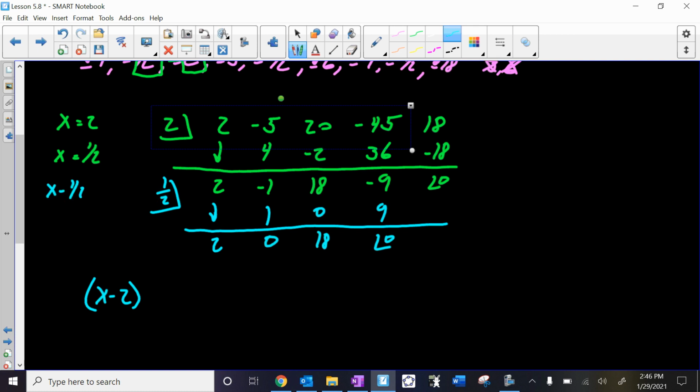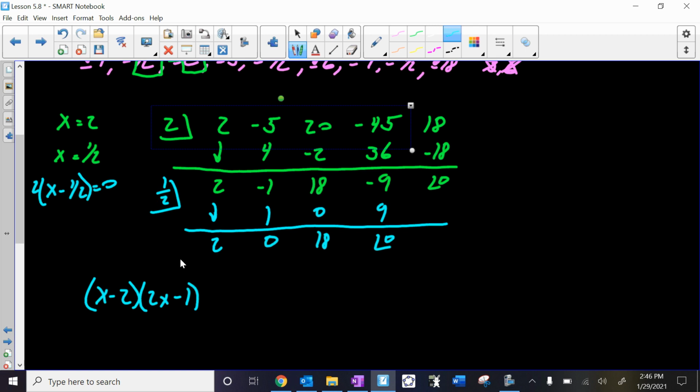It's x minus a half equal to 0. Again, a factor does not have a fraction in it, so I'm going to multiply this whole thing by 2. We multiply by 2, and we have 2 times x, which is 2x, and 2 times negative a half is minus 1.